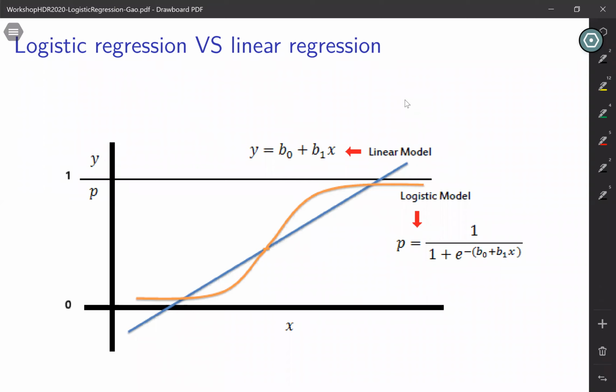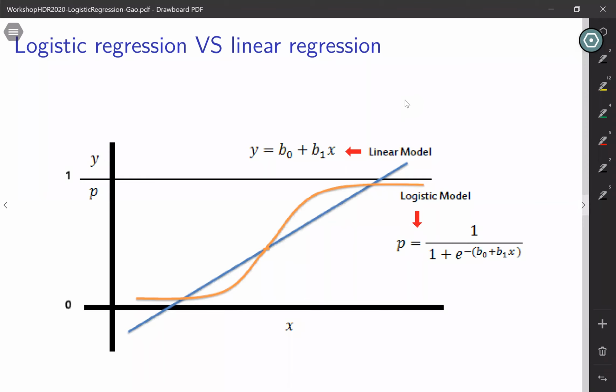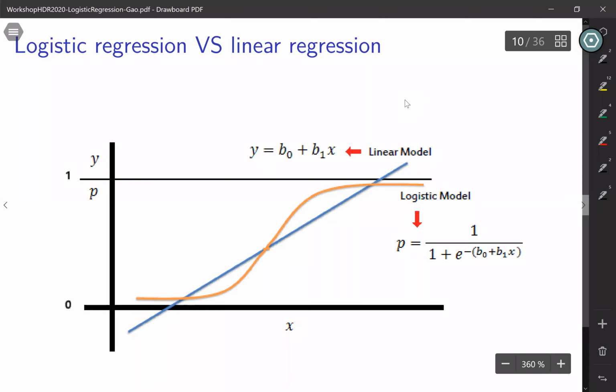Now look at the curve. Okay, now this is not linear, look at the yellow curve. This is the curve of the probability of y equals 1. This is what we call the logistic model, right? So you see the outcome now does not have a linear relationship with your predictors. So this is nonlinear, right? You see this yellow curve is nonlinear.